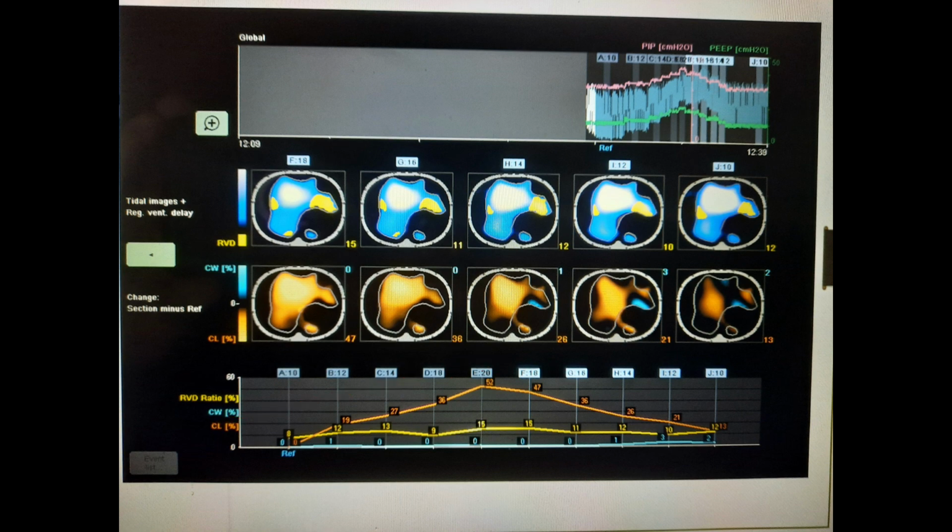We see a significant increase in the loss of compliance. We don't see much win in compliance. We see 19, 27, 36, up to 52% loss in compliance with a PEEP of 20, and we see the same trend occurring when we go from 20 to 10.